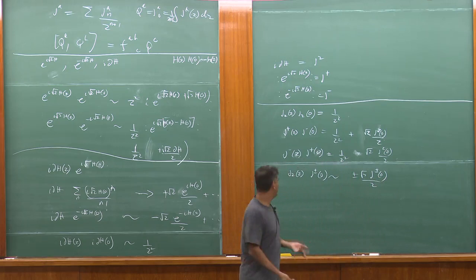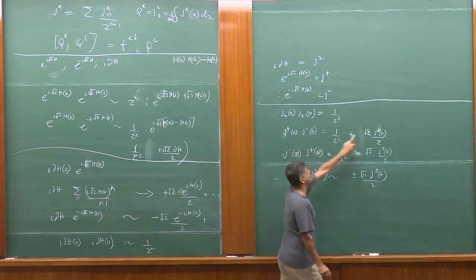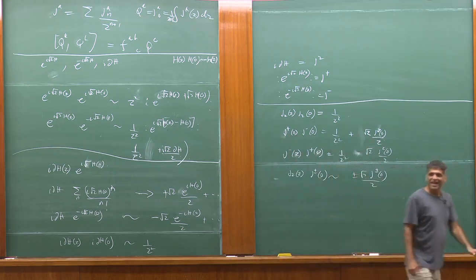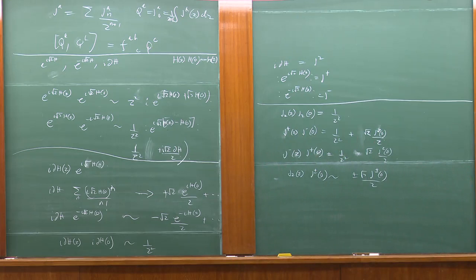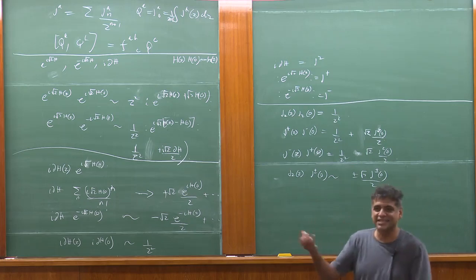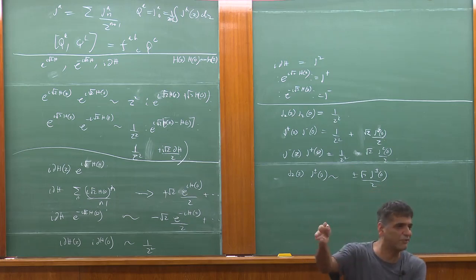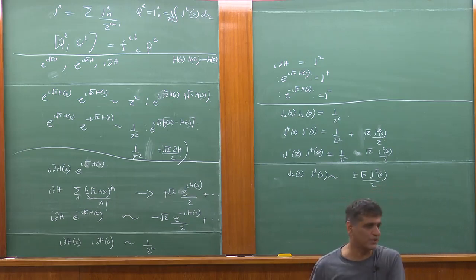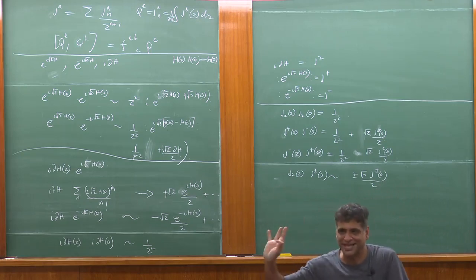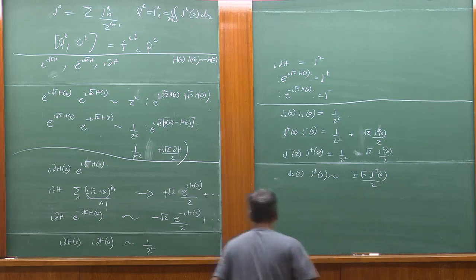And the commutator of J plus with J minus is Jz. Now, we need to figure out with what normalization in terms of Jx and Jy we'll get these factors of square root 2. I'll leave that to you to check. I'm not going to try to do that here.